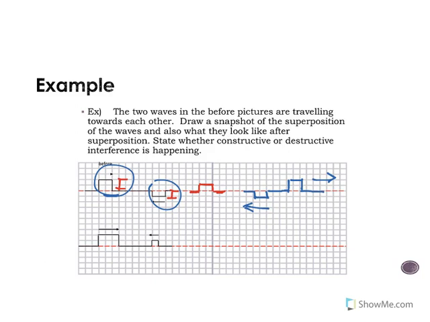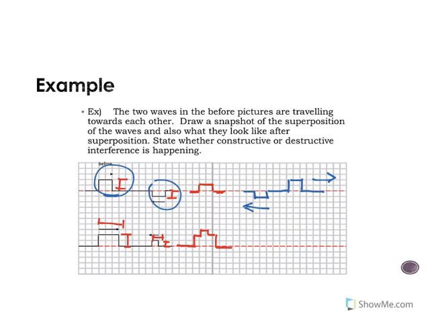In the bottom example, we have two crests meeting up, so we're going to have to add them together. This is 2 up and 3 across, and this is 1 up and 1 across. We will add those two together, and that's what our superposition would look like for that one.